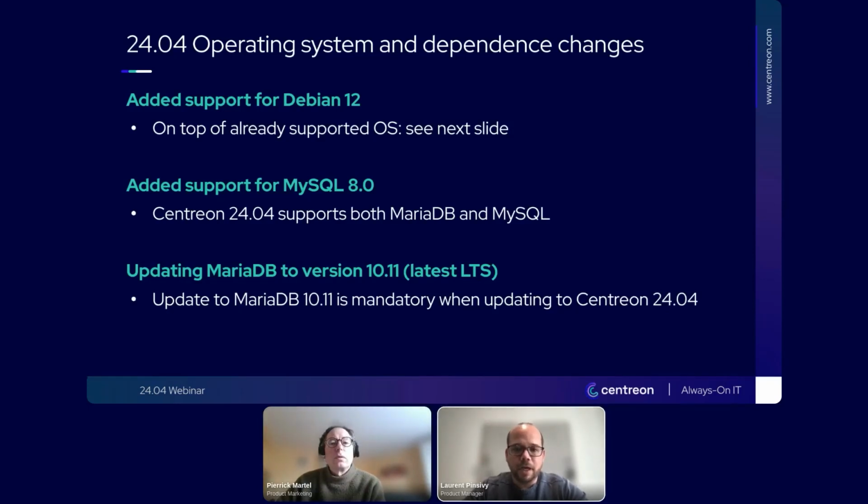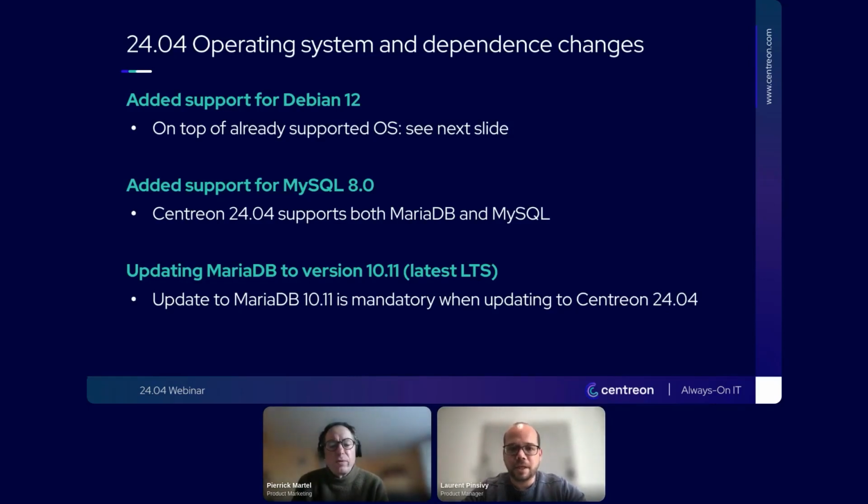And we moved to the latest LTS version of MariaDB, so to version 10.11. Of course, our documentation will be updated, when you want to install a new server, to explain how to use Debian 12 and MySQL 8. And if you update to this new major version, how to upgrade MariaDB to the latest LTS version.